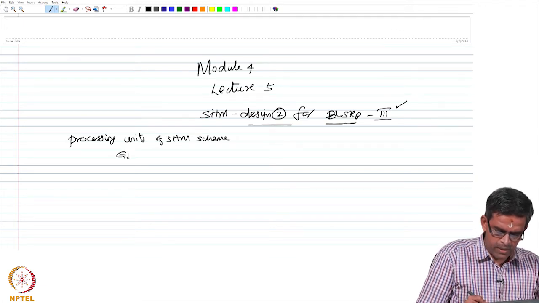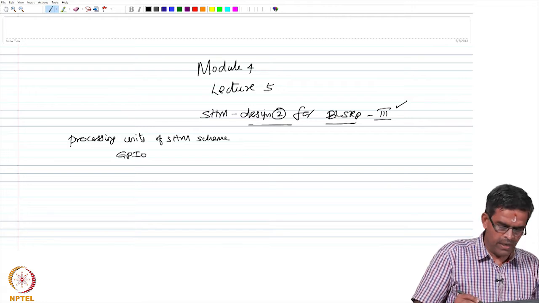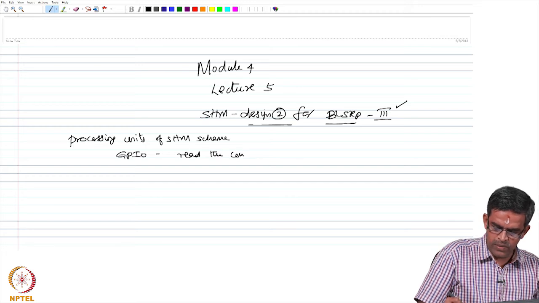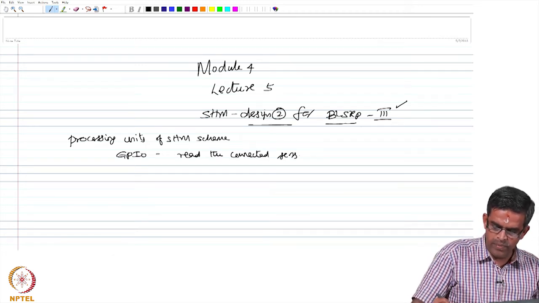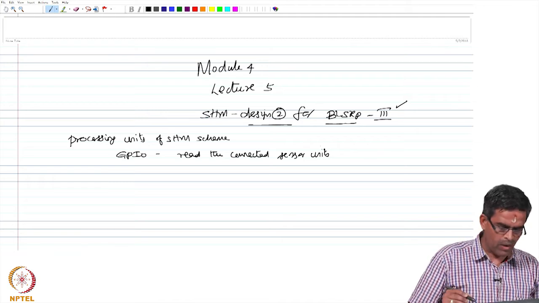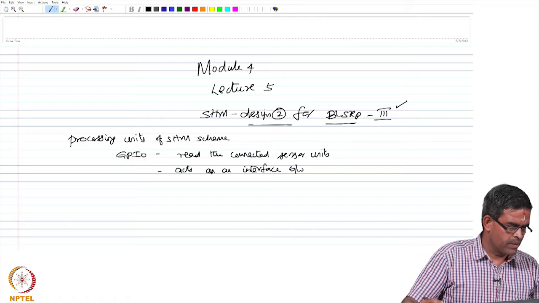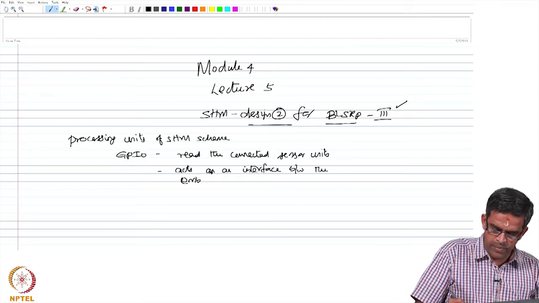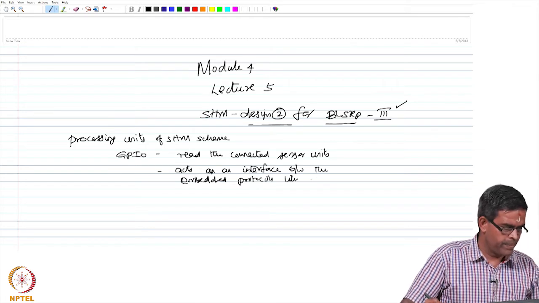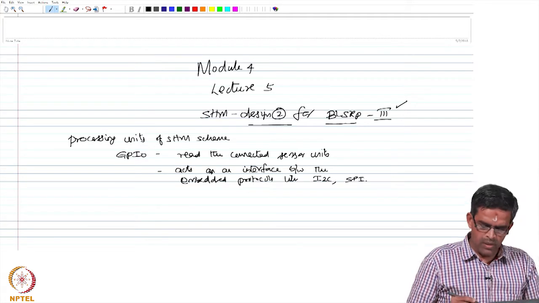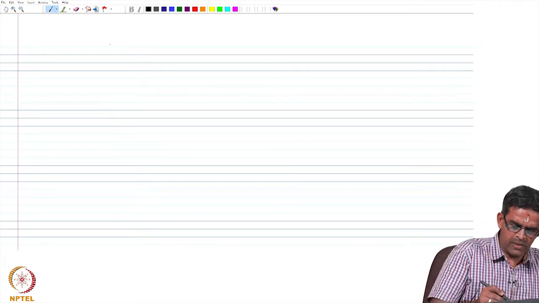We said that the GPIO pins can be useful to read the connected sensor units and also act as an interface between the embedded protocols like I2C, SPI, etc. Now, friends, the sampling rate of sensors is very important.